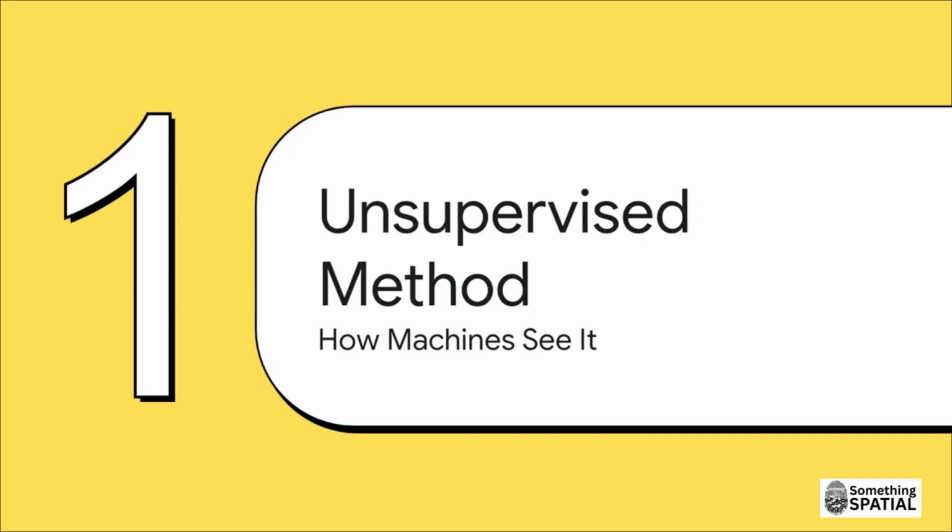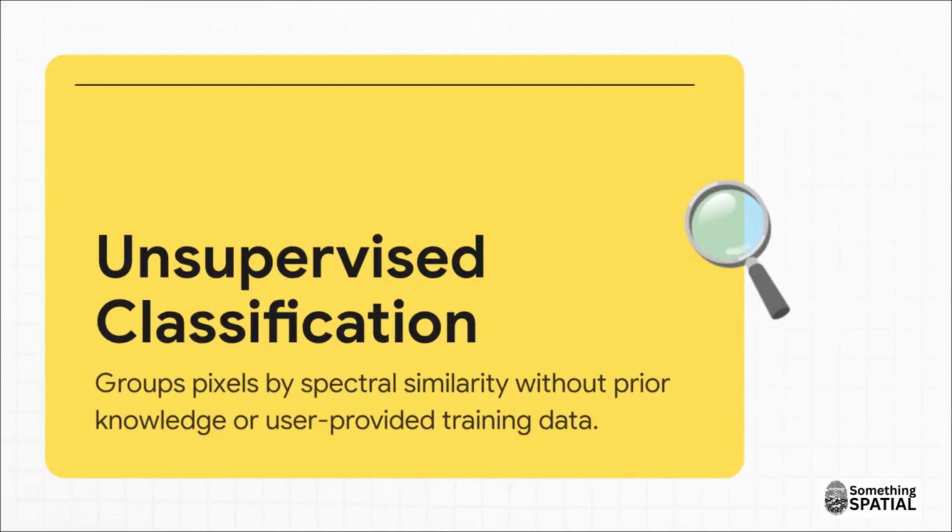Well, that brings us to Section 1, Unsupervised Classification Explained, or How Machines Actually See the World. When you're staring down an enormous, totally unknown area and a ticking clock, you turn to automation, period. And that is where unsupervised classification comes in. By definition, this is an automated image classification method where the software groups pixels into categories based purely on their spectral similarities and statistical features.